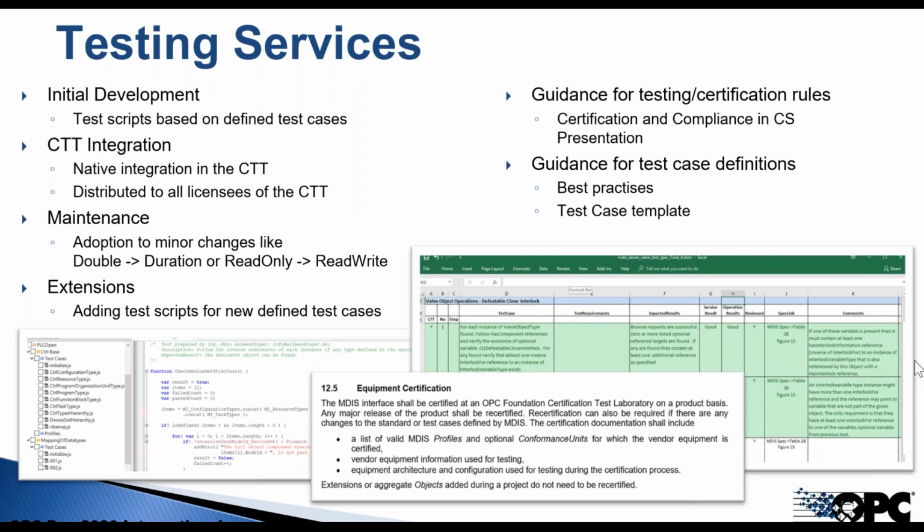What we also provide is help with the initial development of the test scripts and the CTT integration, so that all the test scripts that are being developed for companion specifications are being natively integrated in the CTT and are distributed to everybody who has a copy of the CTT, so you can automatically test that for your own product.